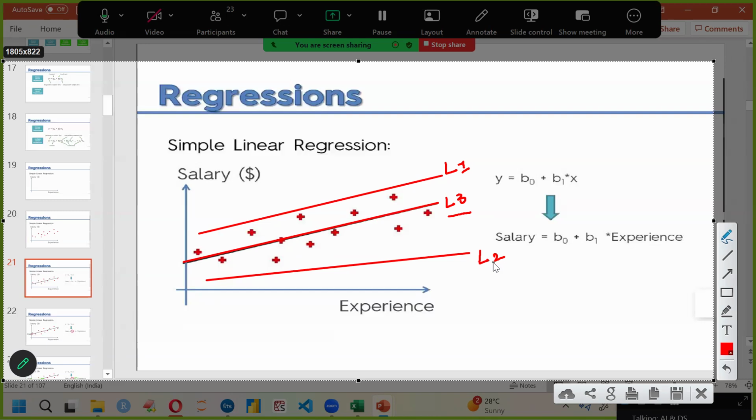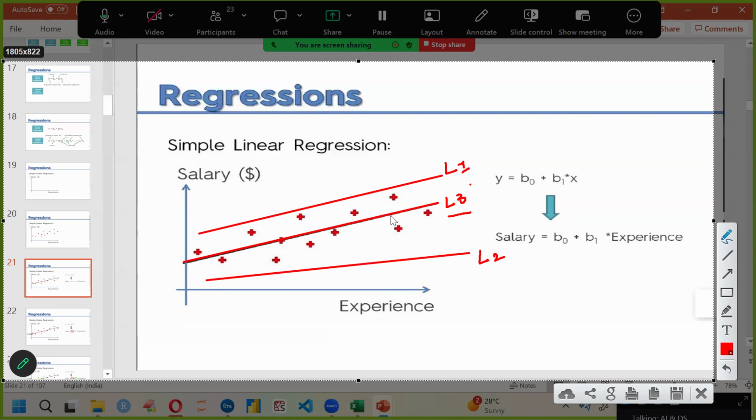If you take this L2, it is very far away from this point. If you take this L1, it is very far away from this point as well as this point. But this line L3 is touching the maximum points and it is very near to the maximum points.